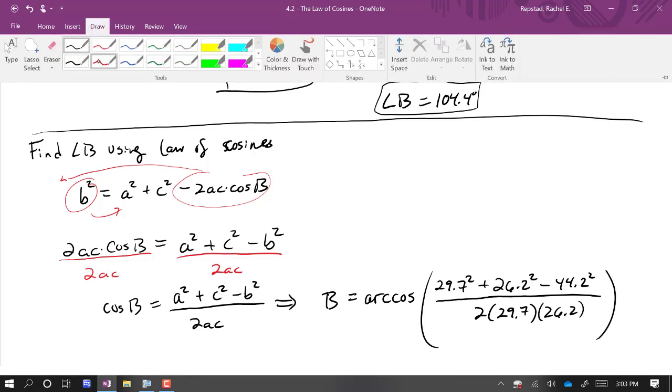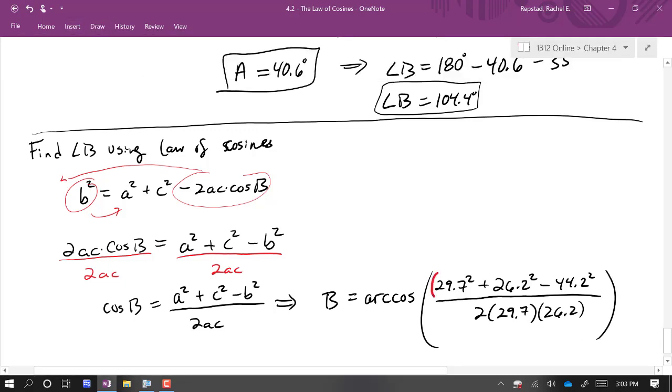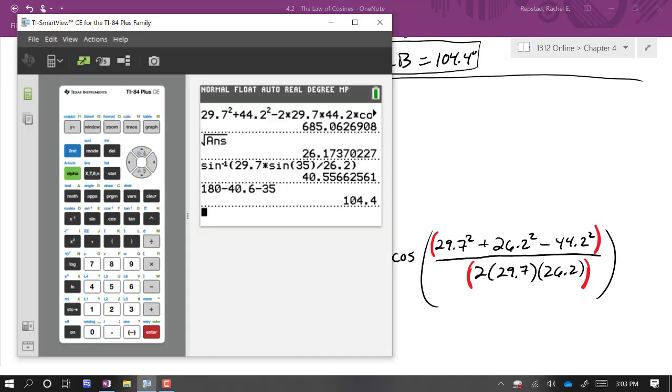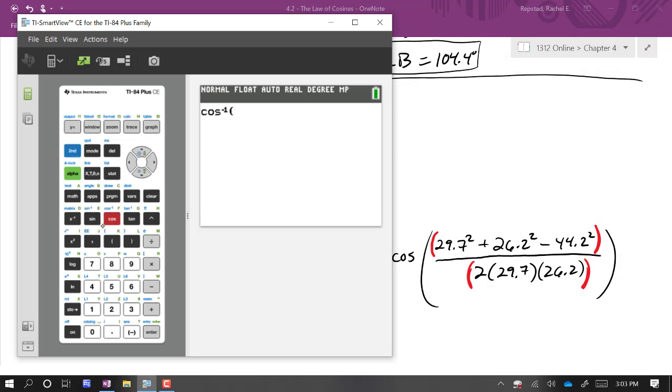Remember, when we plug this in the calculator, if we're going to do it all in one go, I need a set of parentheses just around the top and a set of parentheses just around the bottom. Okay, there's my parentheses for the arc cosine, open paren for the numerator: 29.7 squared plus 26.2 squared minus 44.2 squared.